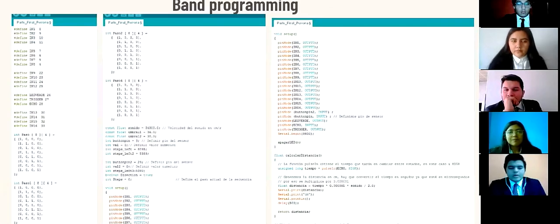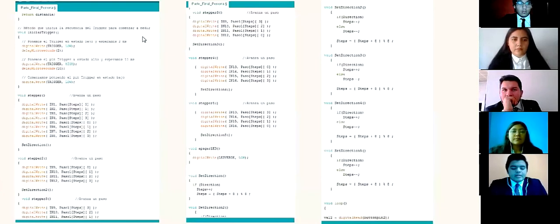Well, now we have the programming. This programming is the largest program, and it's on the Arduino Mega. For this program, we are controlling two stepper motors by a presence sensor, which will incorporate and remove the boxes from the band.